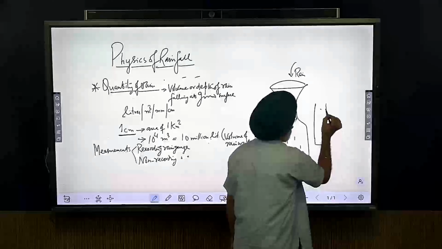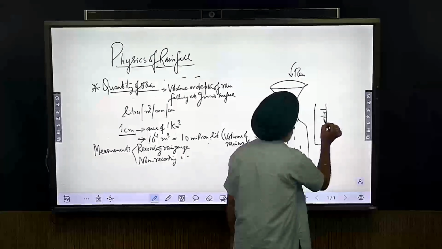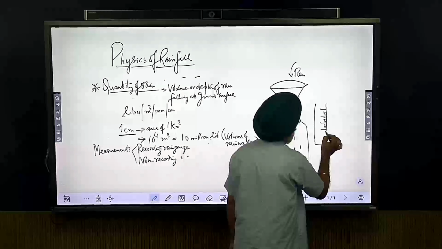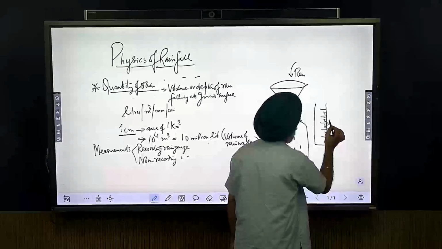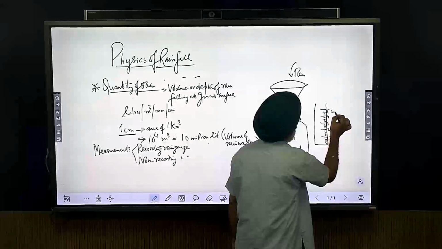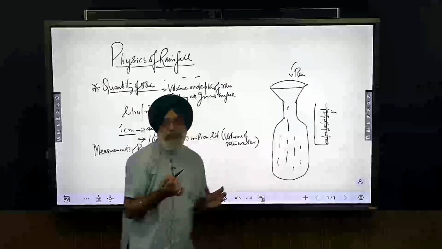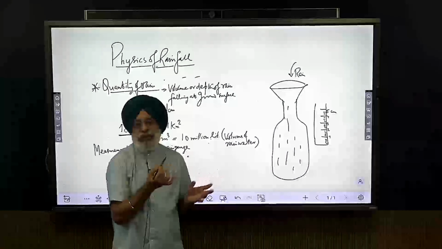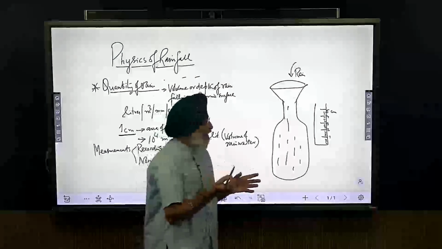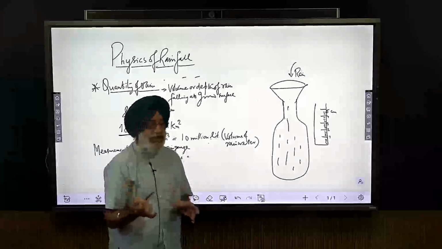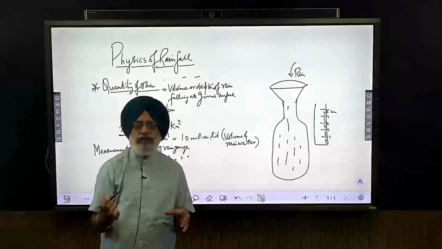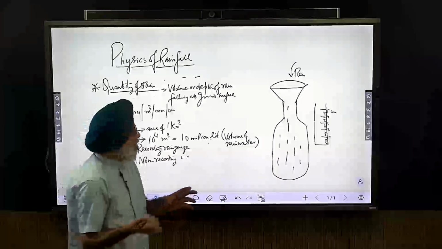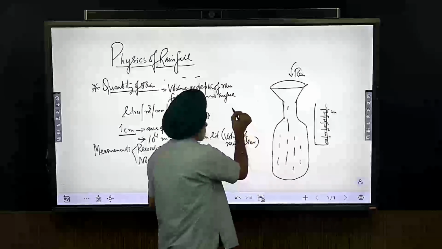this measuring cylinder, which is marked with depth units 1, 2, 3, 4, 5. So, this is in centimeters. This measuring cylinder comes with the recording rain gauge, but if you do not have the measuring cylinder, it is no problem. You can use any type of container, you can use a simple bucket and then measure the amount in a volumetric cylinder.